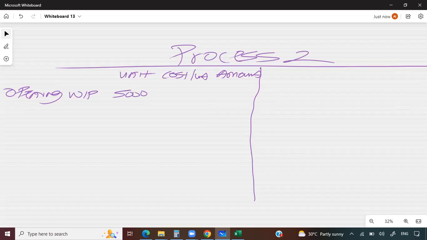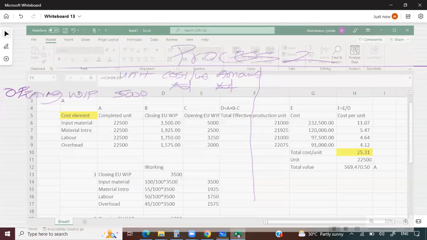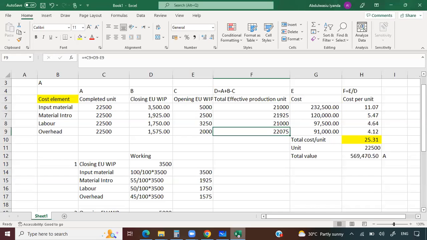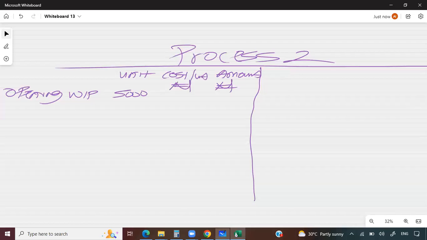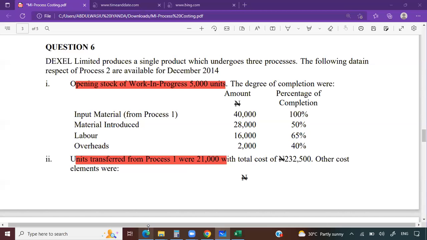So the cost per unit, for what is the cost per unit? The cost per unit is 11.0. And hold on.